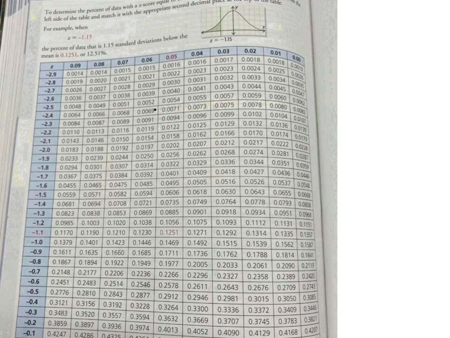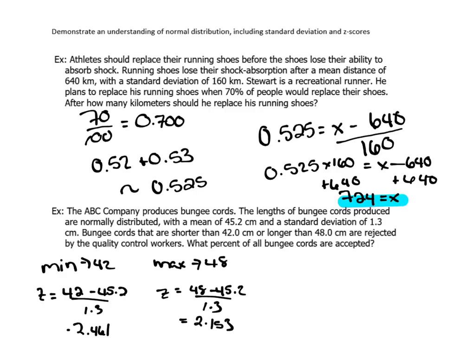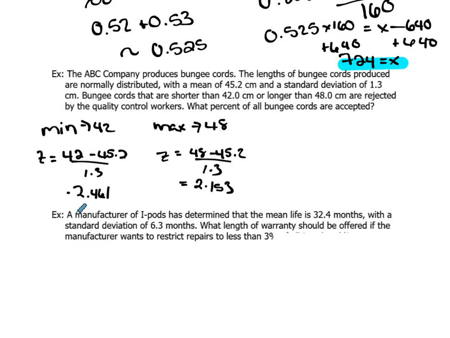So this one right here is 0.0069. So we're going to go back here and write that we have 0.0069.